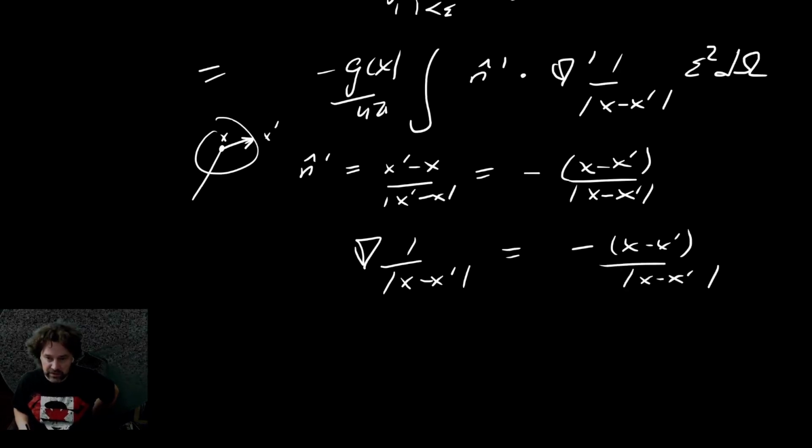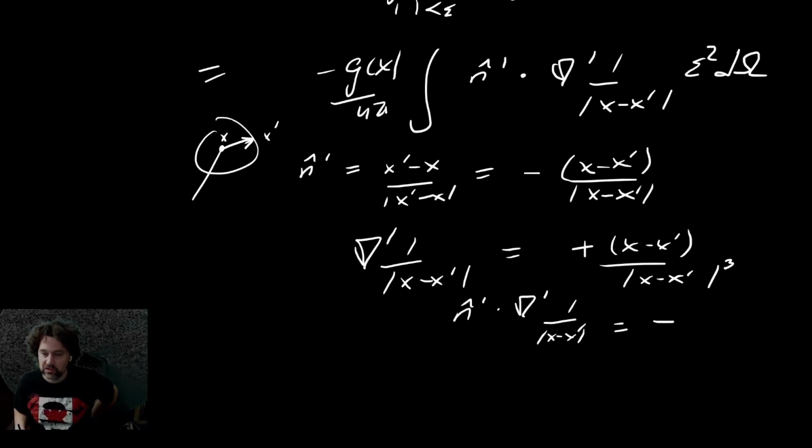So if we take the gradient with respect to the prime coordinates, we're going to flip the sign, and that's what we'll get. So now n hat prime dotted with grad prime of 1 over |x minus x prime| is minus |x minus x prime| squared over the absolute value of x minus x prime to the fourth.